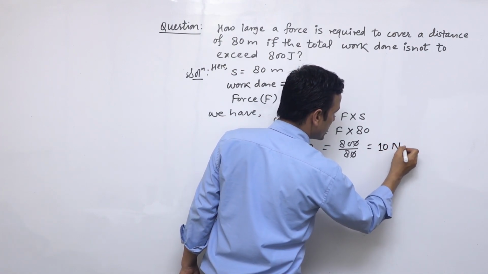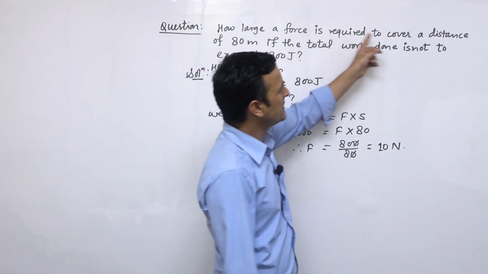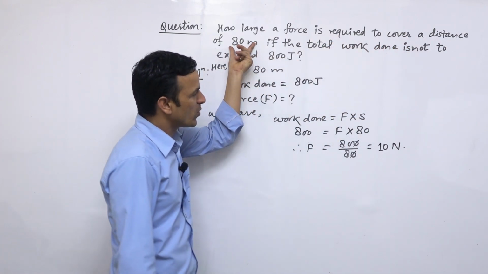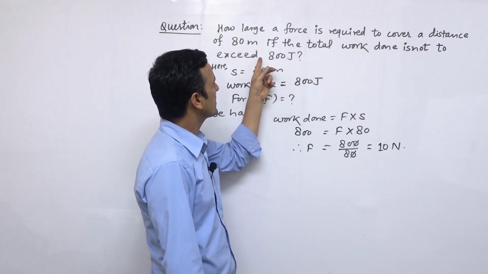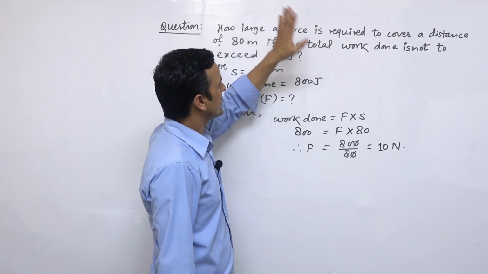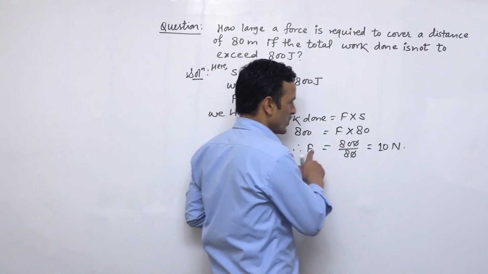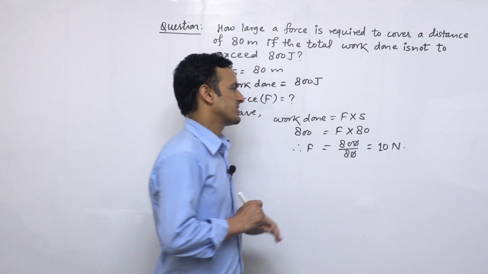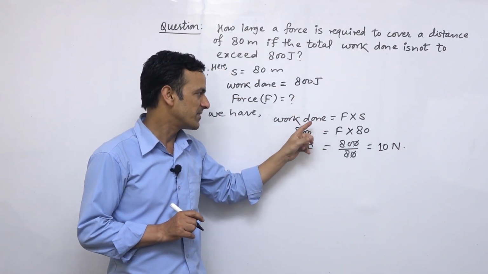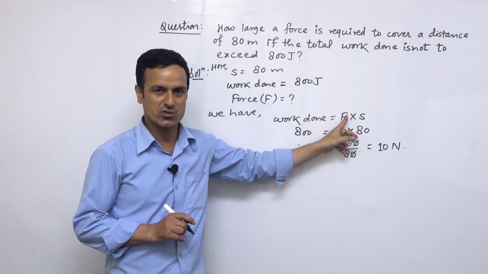So 10 Newton is required. So 10 Newton force is required to cover the distance. This one, if the total work not to be exceed 800 joule. यो भन्दा बढी वर्क डन हामीलाई गर्नु छैन र 80 meter distance cover गर्नु छ भने we need 10 Newton force. So in this way we can solve it by using the formula of work done, which is F into S.